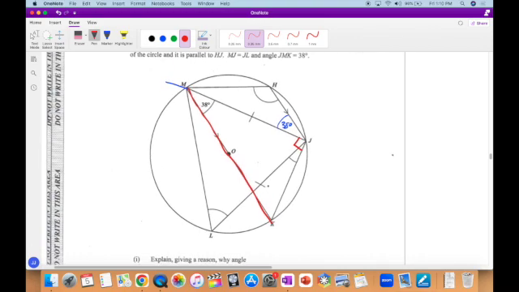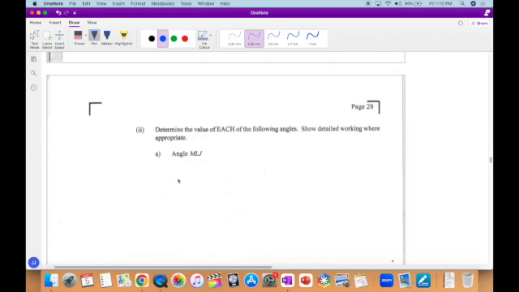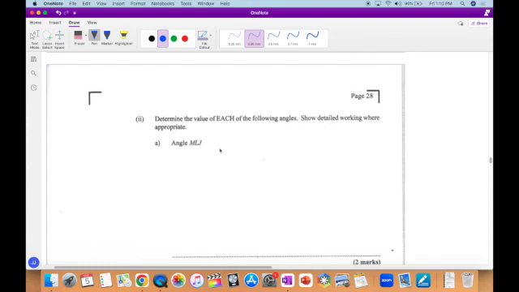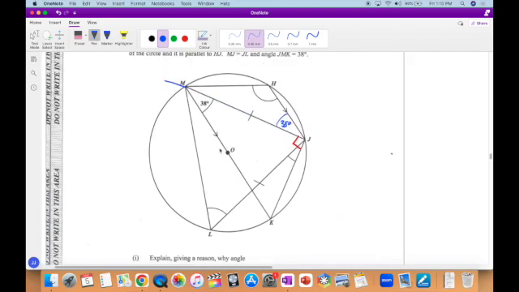So that one was pretty easy. And now determine the value of each of the following angles. Show detail working where appropriate. Okay, so MLG.